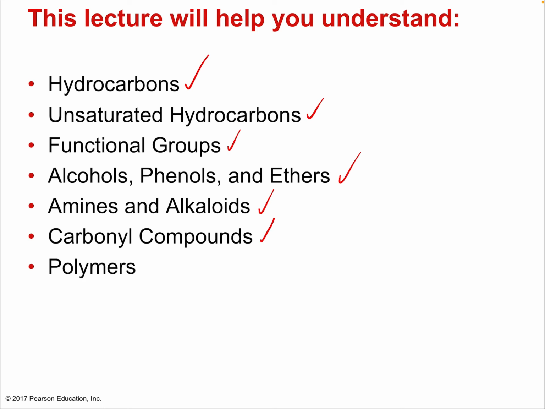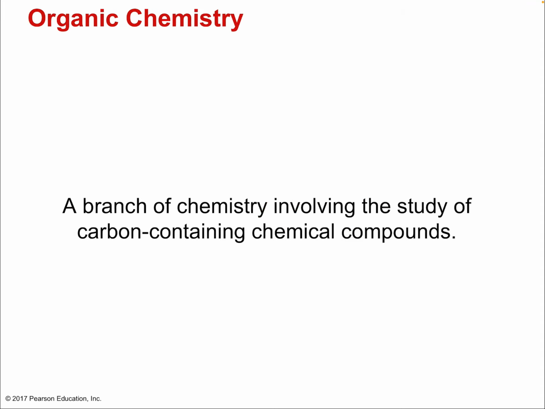This is a really light part of the lecture. It makes up a lot of slides, but it's mostly just pictures of the molecules, and I'll be going through it rather quickly. And then finally, we're going to talk about polymers, just what's the definition of polymer, and some interesting things about how common they are in terms of man-made polymers, as well as organic polymers, or those that come from plants. Okay? So what is organic chemistry?